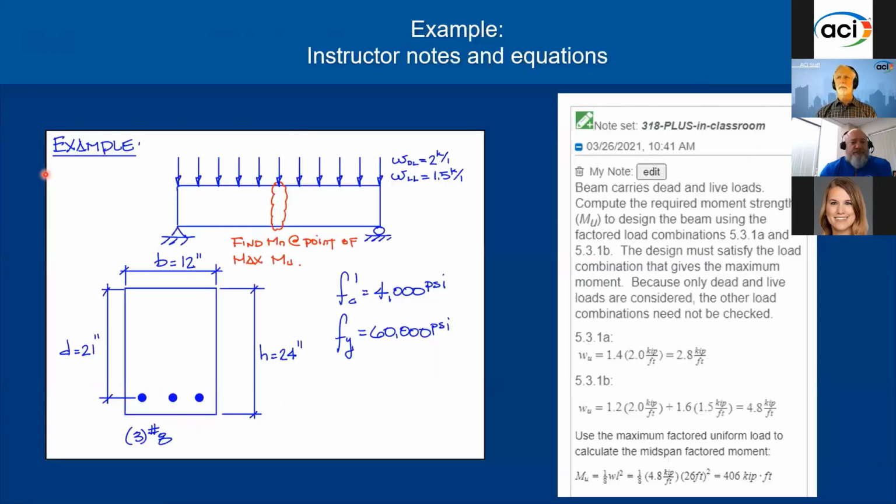If you're like me, I start my basic reinforced concrete class with a singly reinforced concrete beam, and I'm going to follow that motif through these examples. In this first example, I'm going to be illustrating the margin notes. So you're seeing that over on the side here, and we'll dig into the things that you can do with those within the 318 Plus platform.